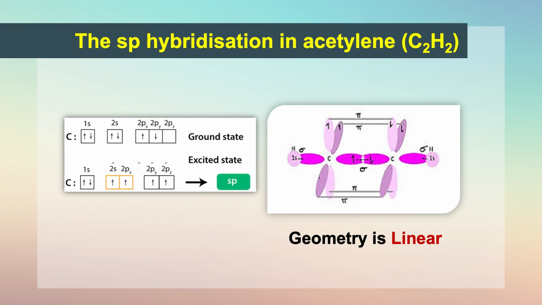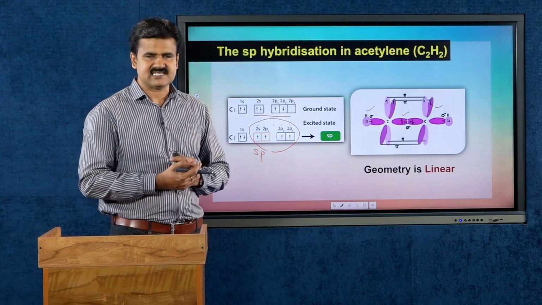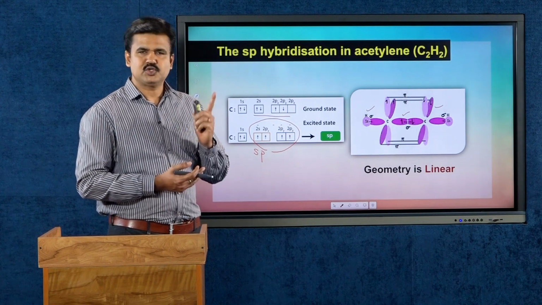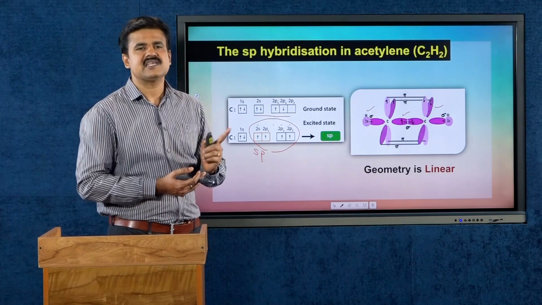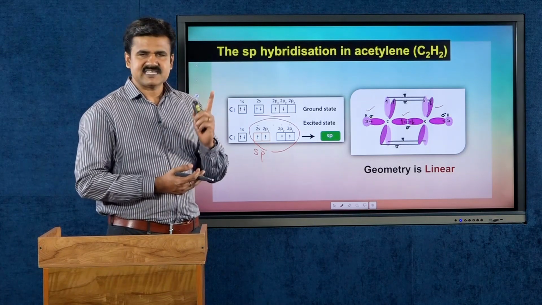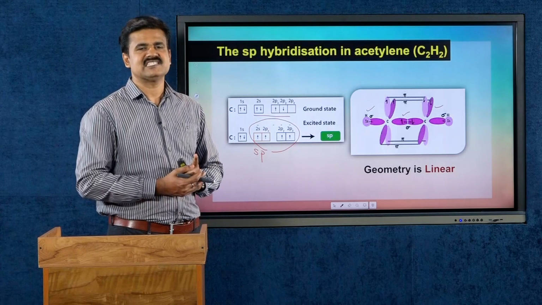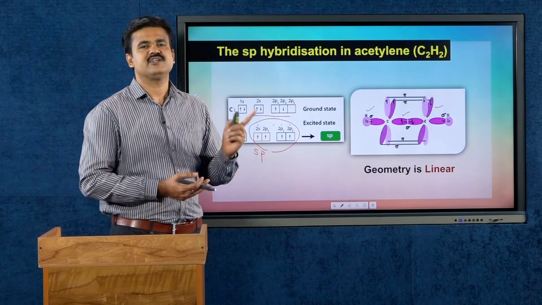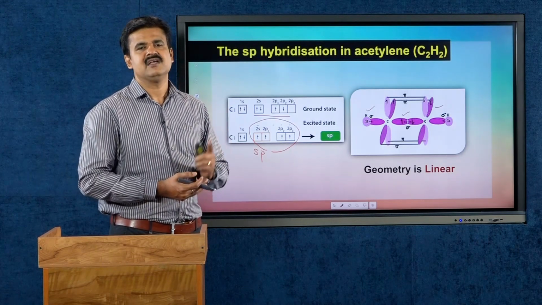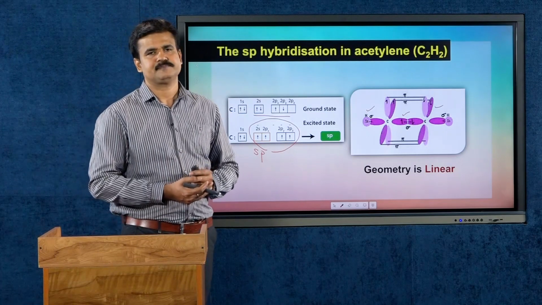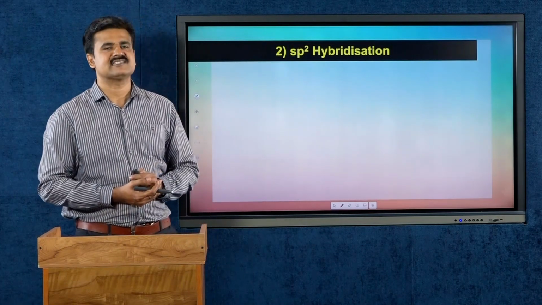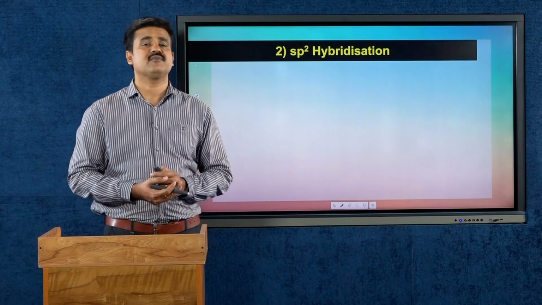These two orbitals undergo lateral overlap to produce two pi bonds. Thus, in the acetylene molecule, there are two pi bonds and 3 sigma bonds. Among the 3 sigma bonds, 1 is between the two carbon atoms and 2 are between carbon and hydrogen.